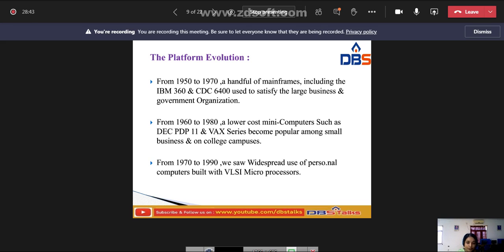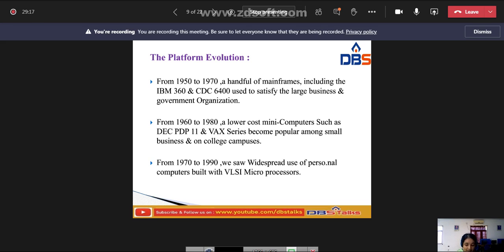From 1950 to 1970, a handful of mainframes, including the IBM 360 and CDC 6400, were built to satisfy the demands of large business and government organizations.